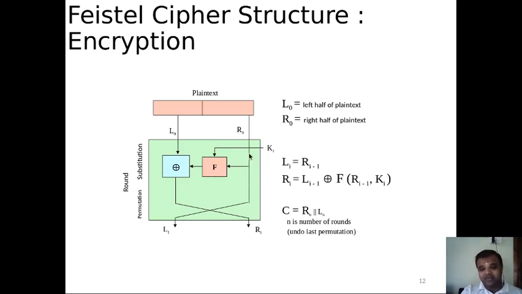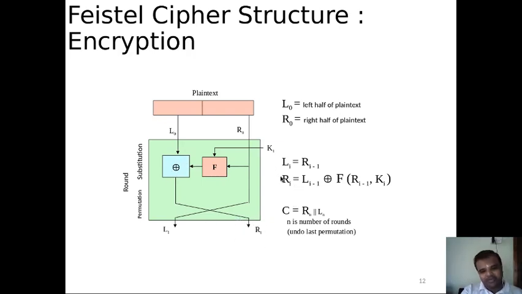So you have exactly 32 bits of right half coming in with, what was the bit size of the DES round key? Exactly 48 bits. So 48 bits of key comes in over here. The 48 bits get something done with the 32 bits, and what you get as output is going to be 32 bits. This 32 bits gets XORed with 32 bits of the left half, and that is what goes in as the right half over here.